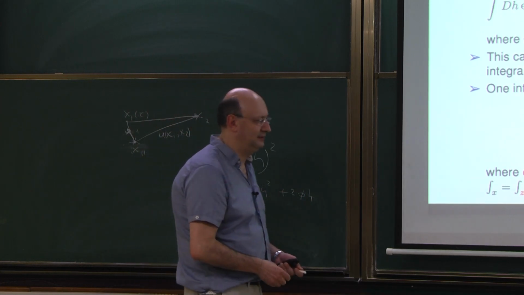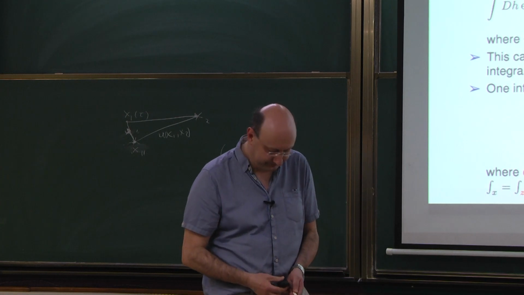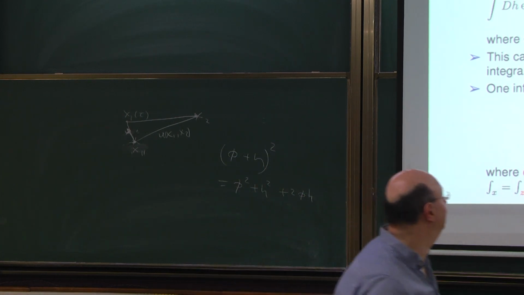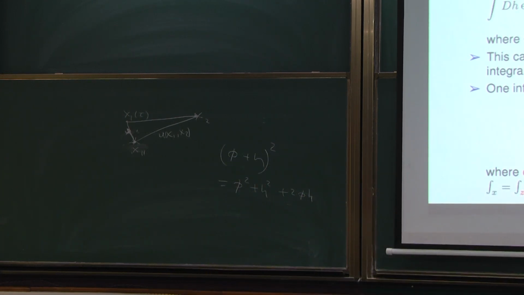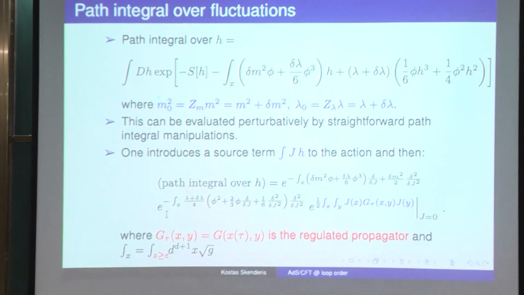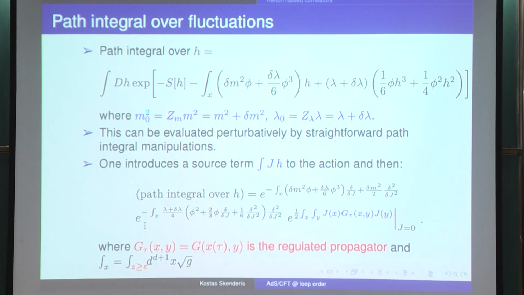Because I will need to renormalize, I have already substituted my Z factors here. So m naught, which is the original mass, was replaced by m squared plus delta m squared. It's quite often useful in quantum field theory to have it additively instead of multiplicatively, so I've done it additively. So this delta m is because of that.